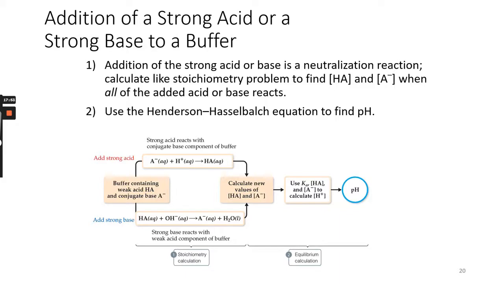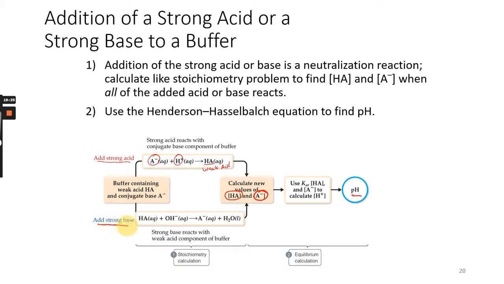So if you're starting here, you have your buffered solution, which has a weak acid and a conjugate base. If you add a strong acid, it will combine with the conjugate base to make more weak acid. Then you can calculate the new concentrations of your weak acid and your conjugate base and use that in the Henderson-Hasselbalch equation to get your pH.